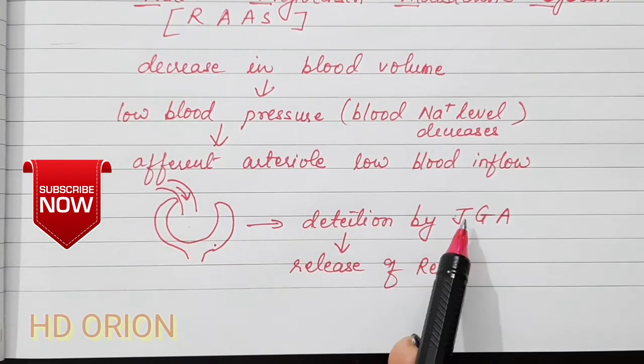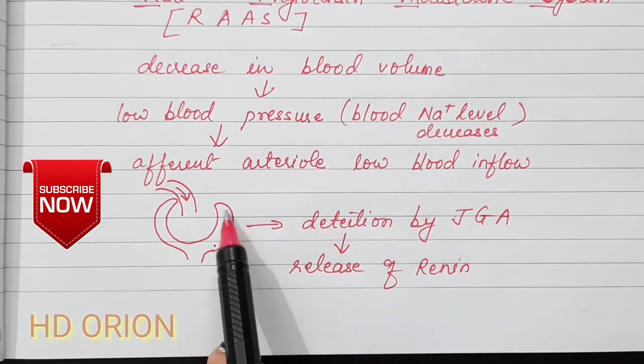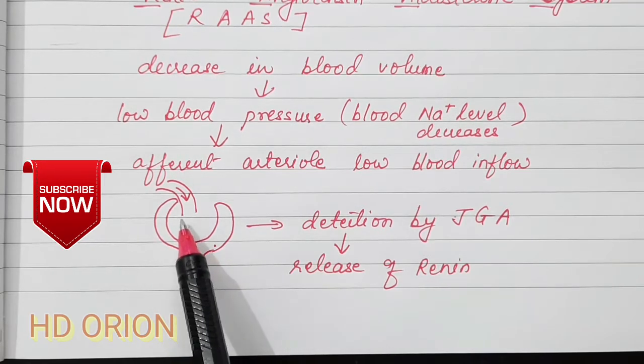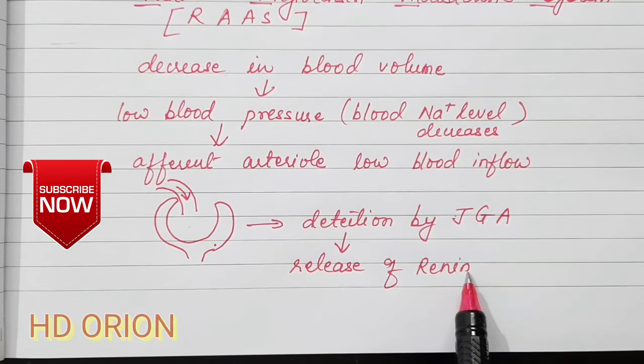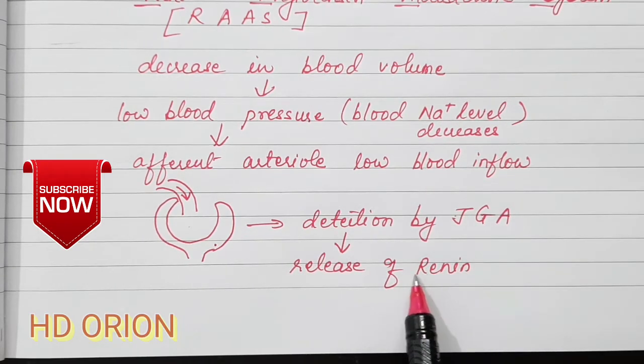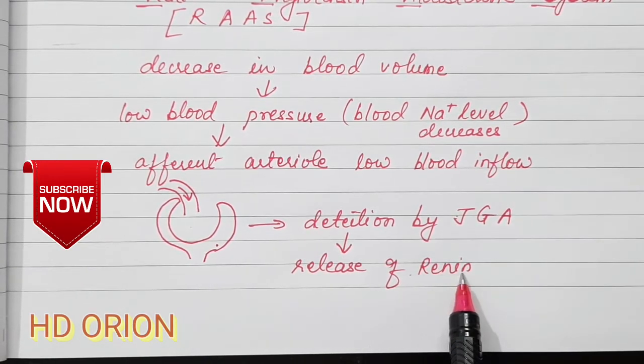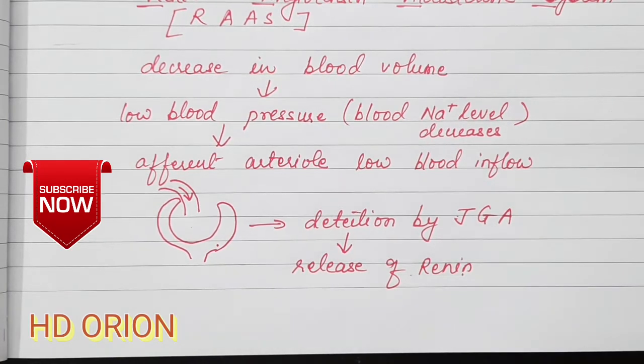Unless the juxtaglomerular apparatus next to the Bowman's capsule detects the low blood pressure, the renin will not be released. So this is the first hormone of the RAA system which is released.